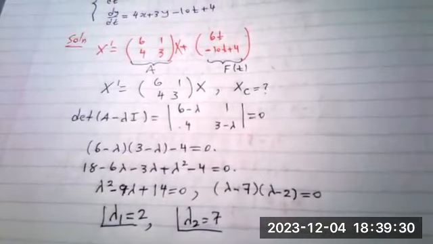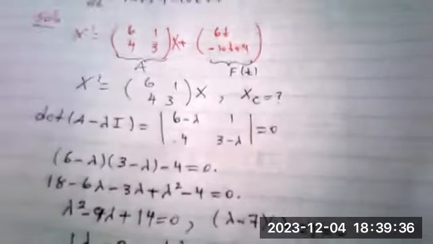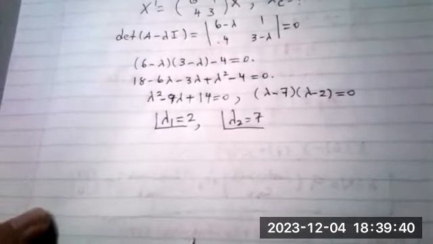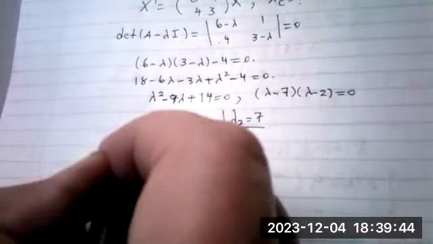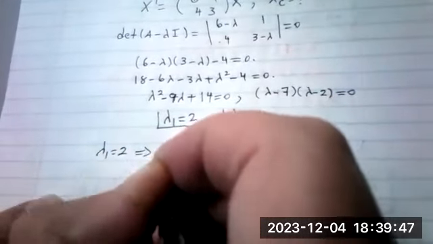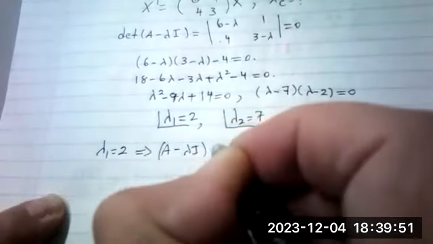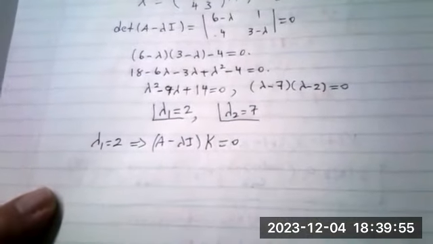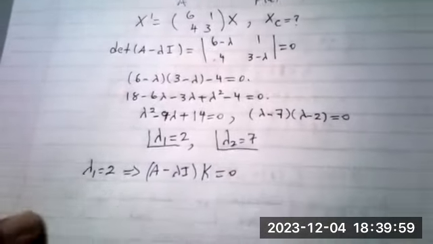So we have to find K1 and K2, and put them together to get the xc. Okay, let's try lambda 1 equal to 2. We have to form the matrix A minus lambda I, times K, equal to 0. So we go with this one as usual, and you put lambda equal to 2.